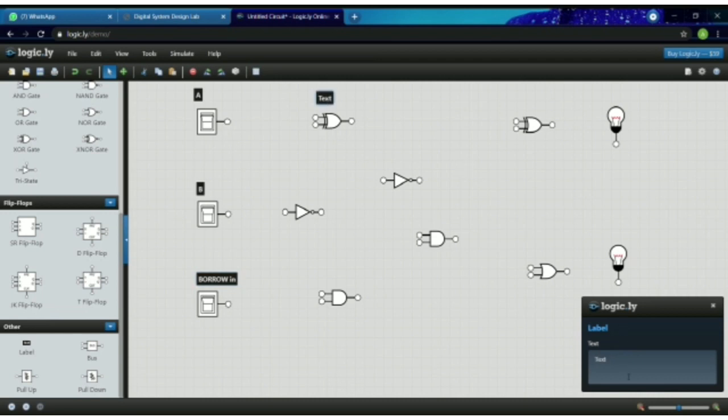And now we are labeling the gates. The first one is XOR gate and the other one is NOT gate. And the third one is AND gate. Moving to the next side, the first one is NOT gate and the second one is AND gate.